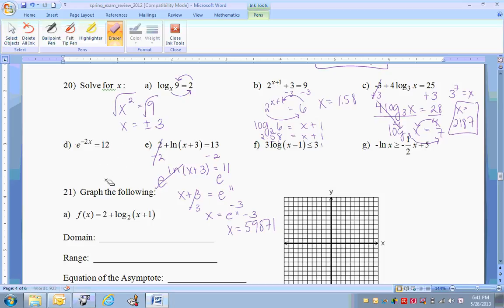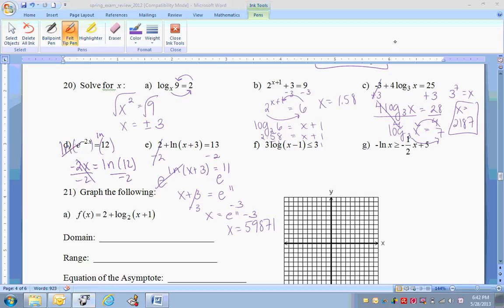You're actually going to take the natural log of both sides. So when you take the natural log of e raised to the negative 2x, and the natural log of 12, those cancel out on the left-hand side. So you're left with negative 2x equals the natural log of 12. Well, then you divide both sides by negative 2.